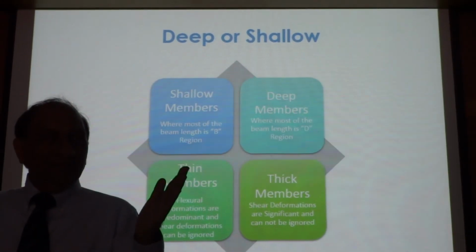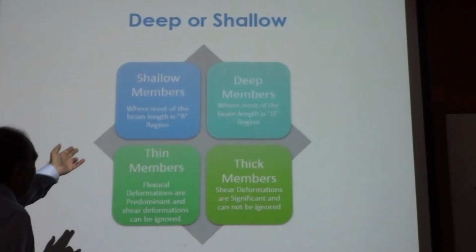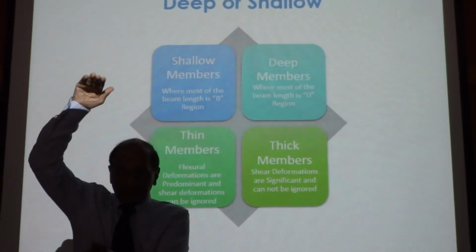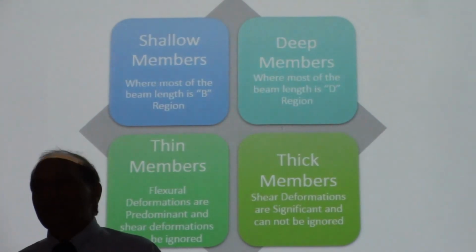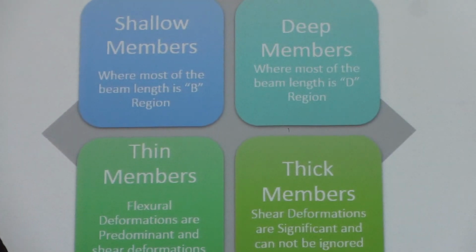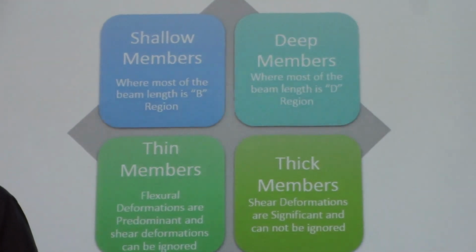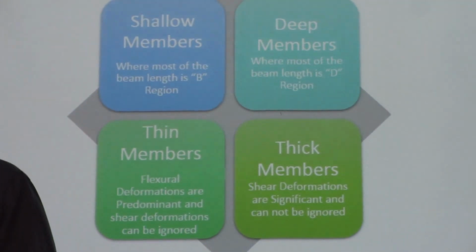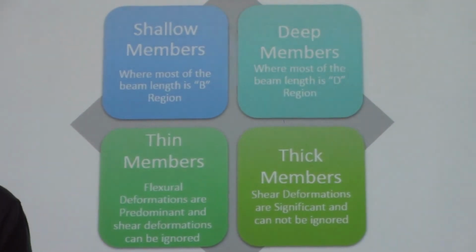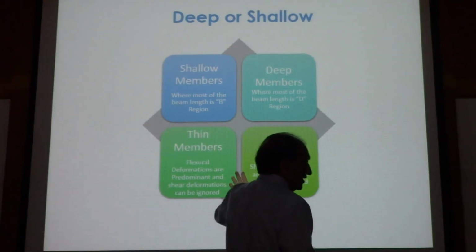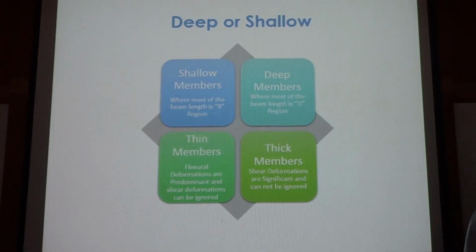One is based on the B and D region, which is based on dimension. The other one is based on whether shear or flexural deformations proportion, right? So it's a confusing thing, and that's why one exam question will be from this slide. So please do understand the difference between these four terms.